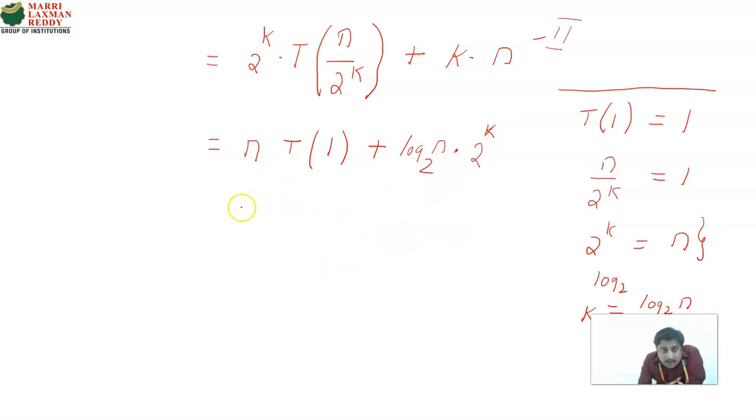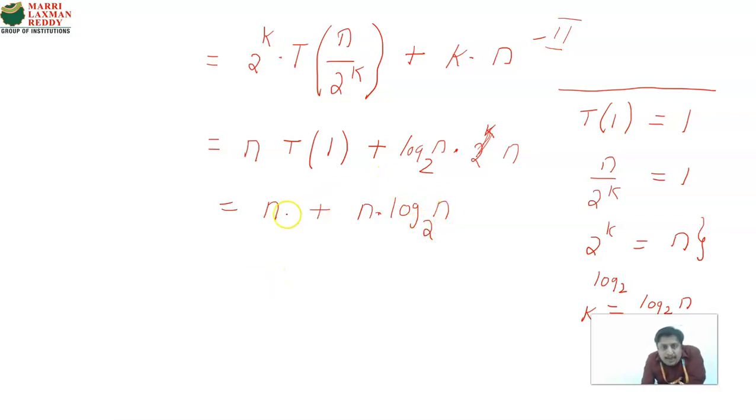Now T(1) will become 1, so it is n, plus n into log n to the base 2. You can replace n with 2^k or keep it as it is; it is better to keep it as it is.